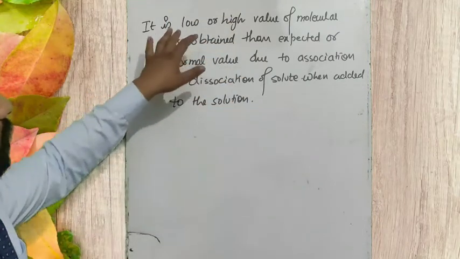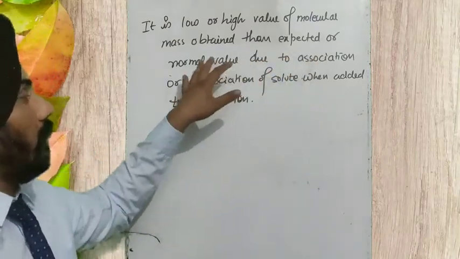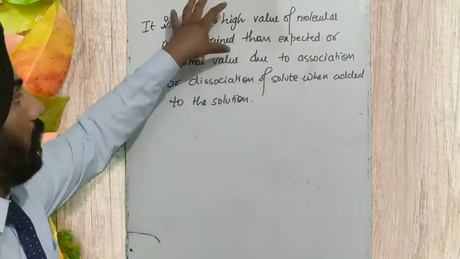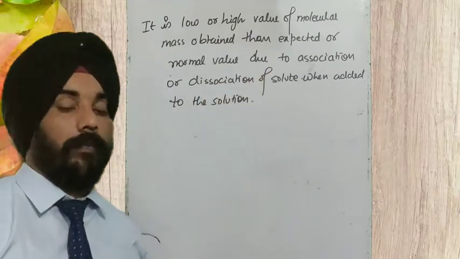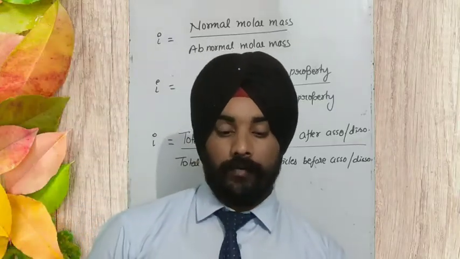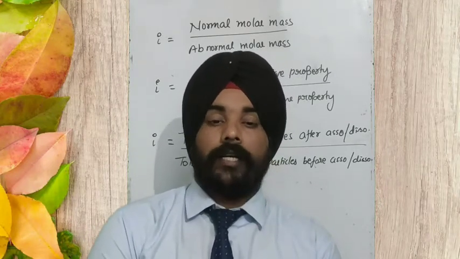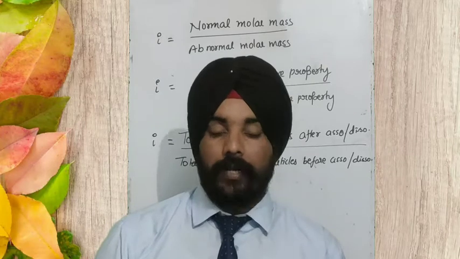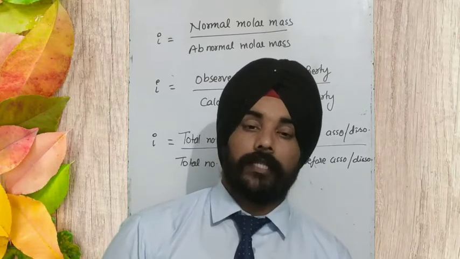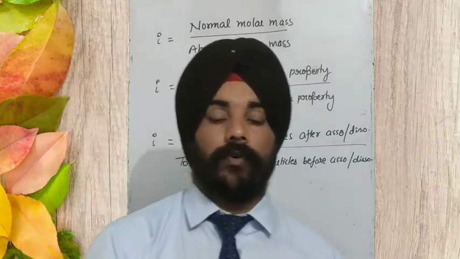So when the solute is going to associate or dissociate, the molecular mass that we are going to obtain will be low or high. The expected or normal value will be different, and the value obtained by the colligative property will be different. For normal molecular mass, we were not having the right colligative property formula for calculating the molecular mass of such stuff like KCl, like K2SO4.